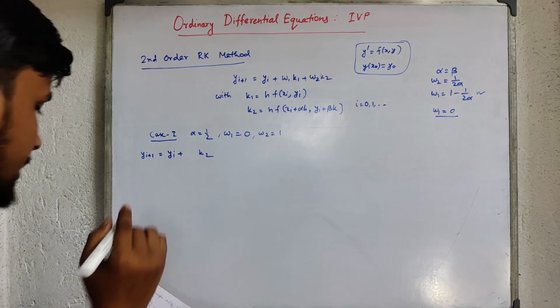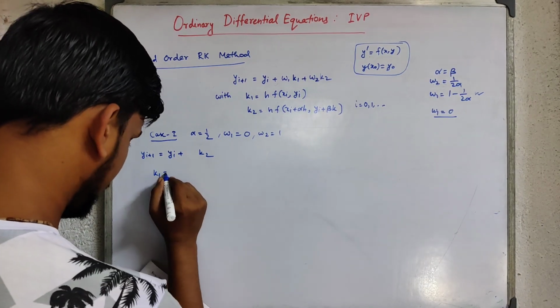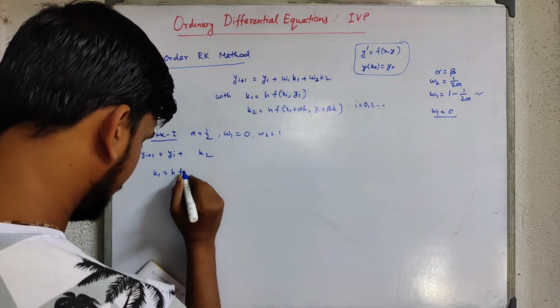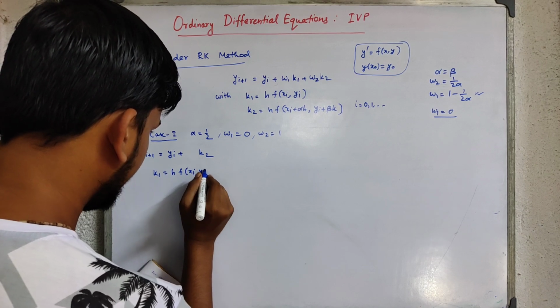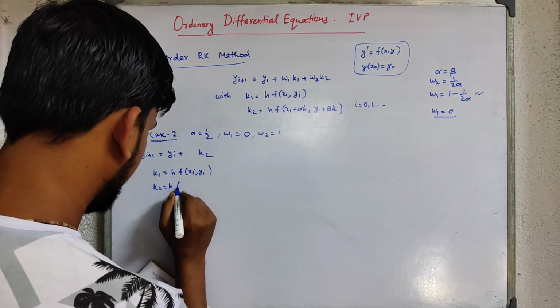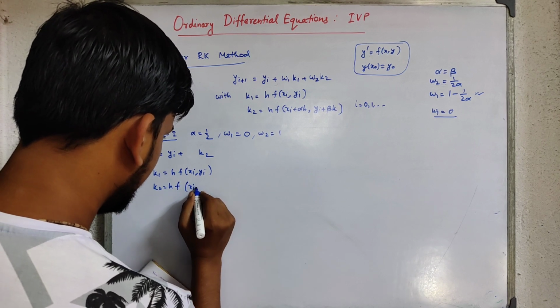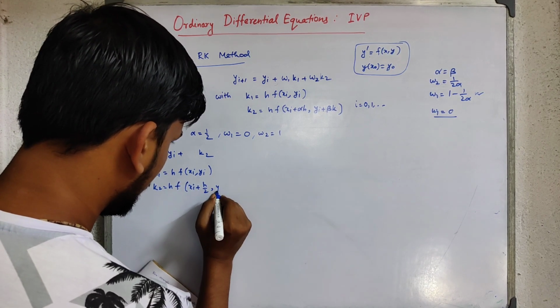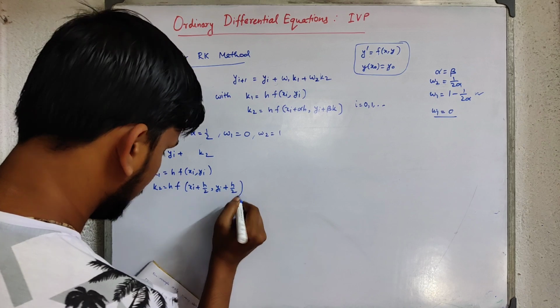So this is the method, where k1 equals h f of x_i, y_i, and k2 equals h f of x_i plus h by 2, y_i plus h by 2.